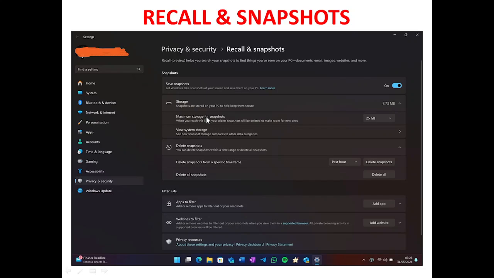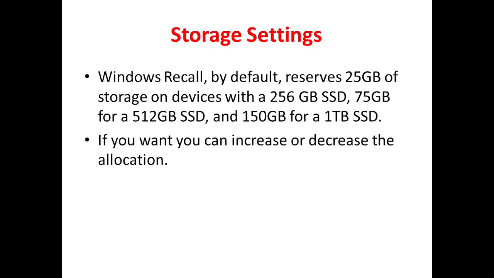And now next I am going to discuss the storage of this recall and snapshot. So how the storage happens, we'll see now. Windows Recall by default takes storage from your local hard disk.